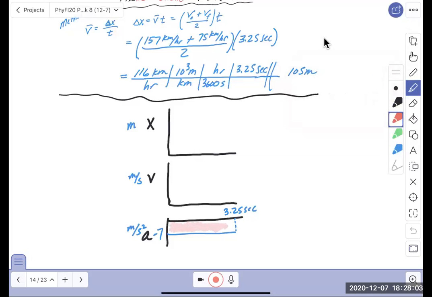This will tell you how much the velocity changed, which by the way we already know. The velocity starts at a certain positive speed, which in kilometers per hour is 157, and it ends up going 75.